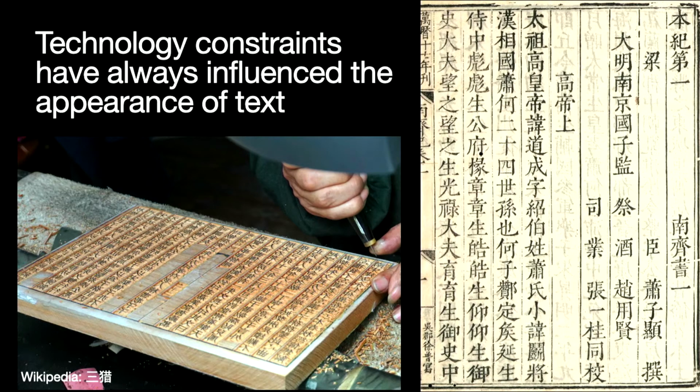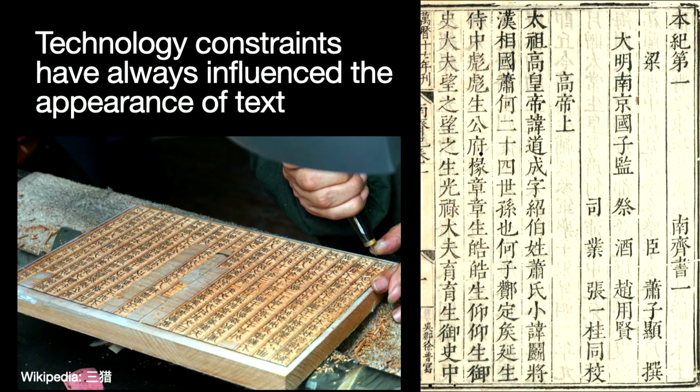And maybe we should just accept this because, as you might know, technology constraints have always influenced the appearance of text. On the right is what's called a Songti font, or a script style. And the vertical strokes are always thicker than the horizontal strokes. That's because back in the Song Dynasty, these were printed using woodblock. And wood has a grain, and the grain would always be horizontal and not vertical.